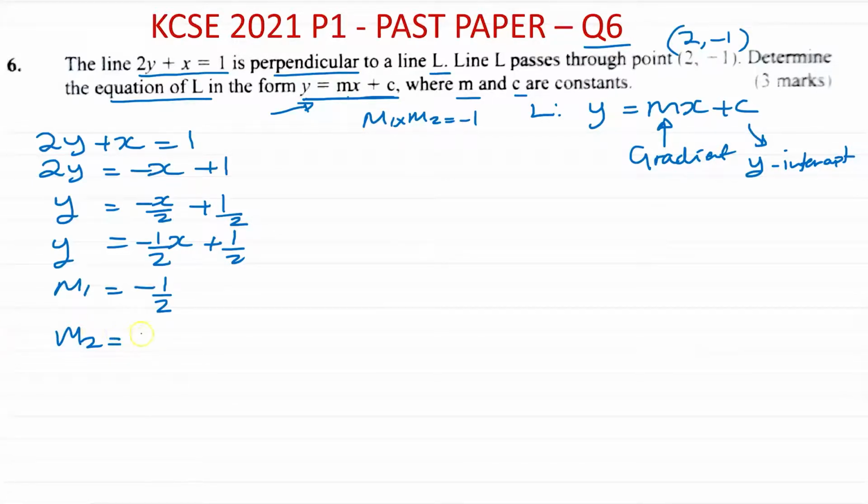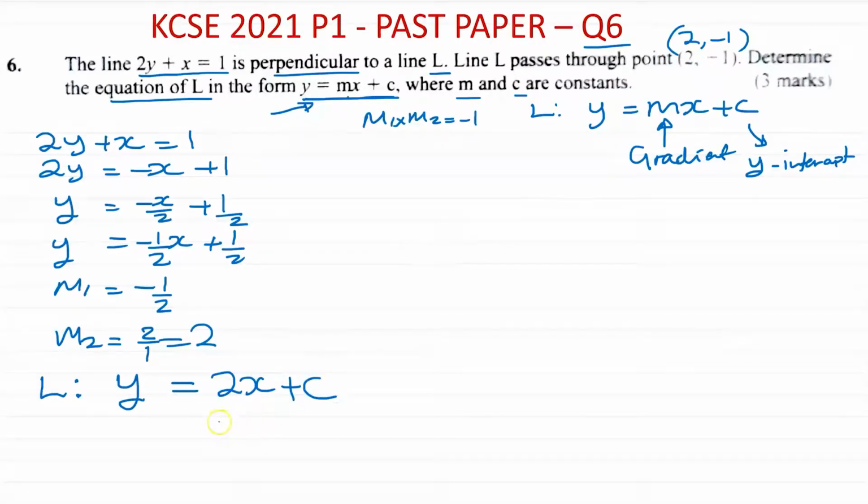So that's going to be positive 2 over 1, which is just 2. So for line L, the gradient is 2. Now for L, we can write y is equal to 2x plus c.